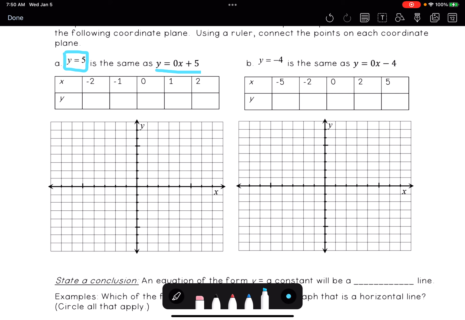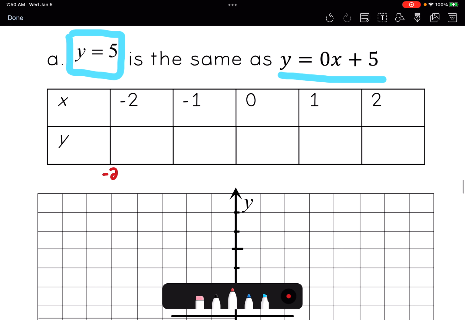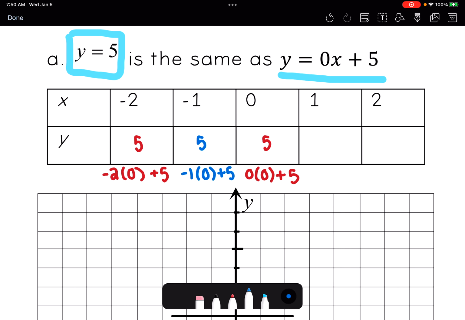So if y equals 0x plus 5, we could do negative 2 times 0 plus 5 and get 5. Negative 1 times 0 plus 5 and get 5. 0 times 0 plus 5 and get 5. 0 times 1 plus 5 is 5. And 0 times 2 plus 5 is also 5.